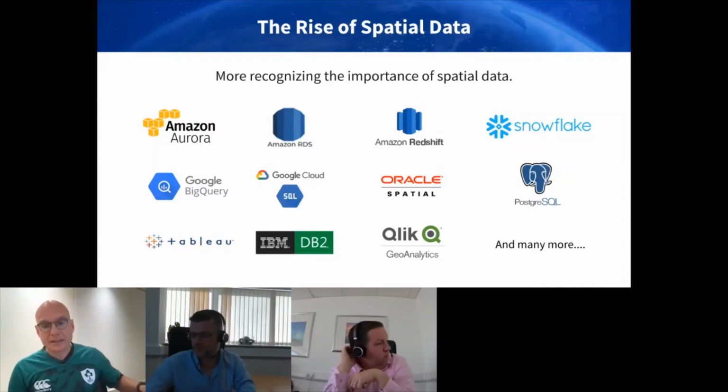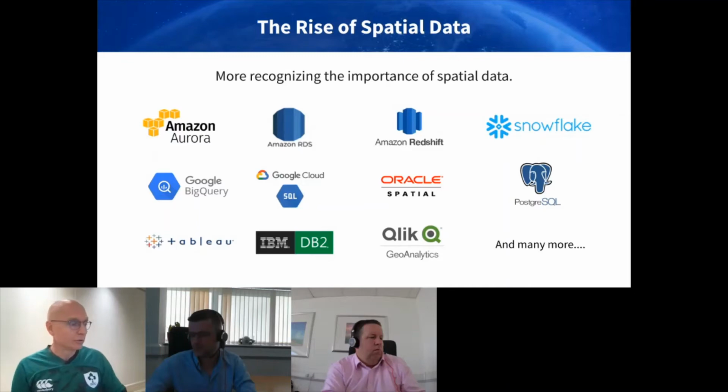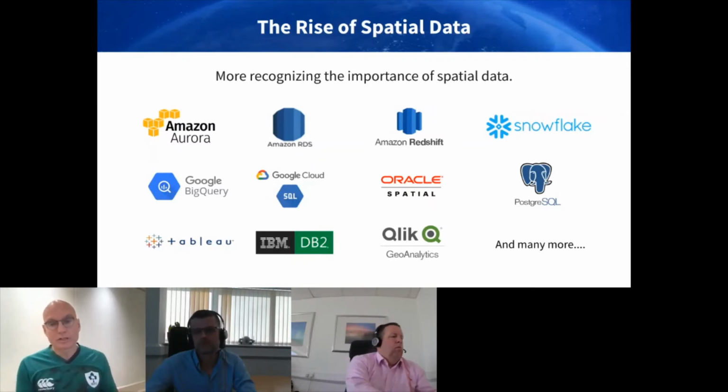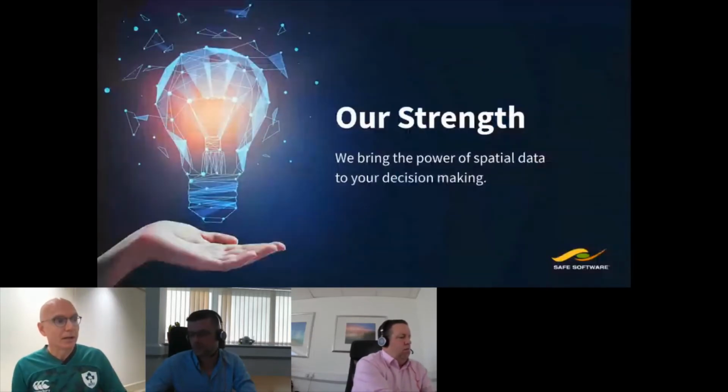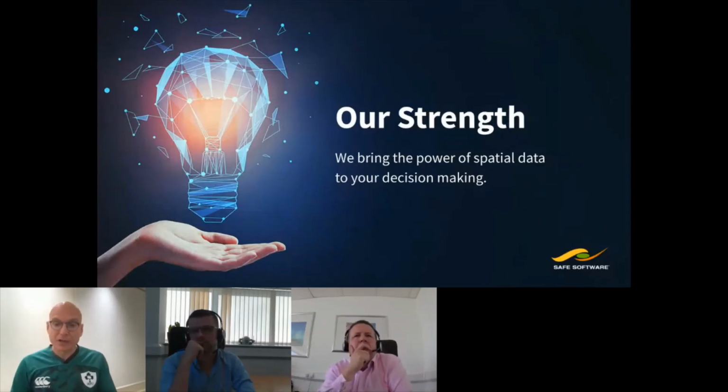It's a cloud-based database that runs natively on AWS or Azure or Google. And then you can also see it in some other tools like Qlik and Tableau. And there's many, many more. But we're excited because we're starting to see more and more the importance of spatial being embraced by these large vendors because their customers want it. They're not adding spatial just because they have nothing to do.